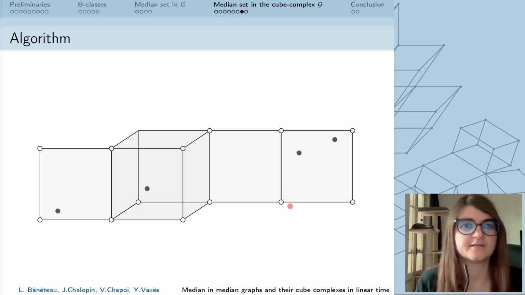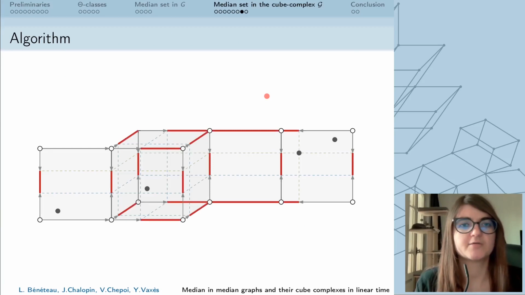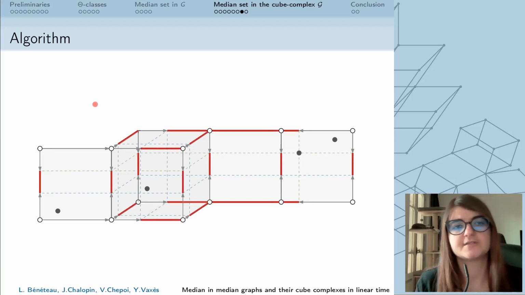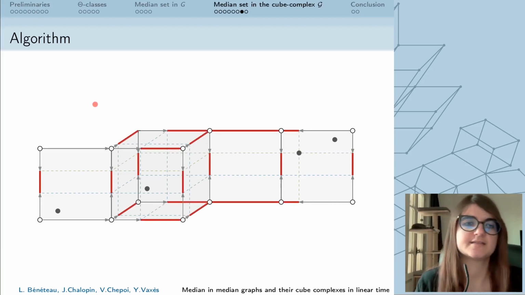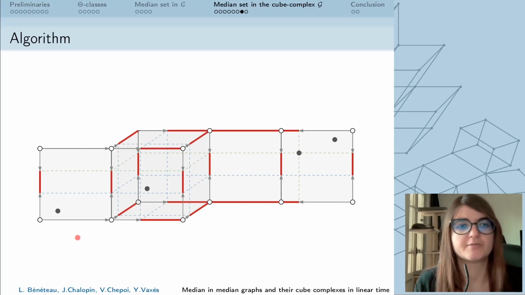So to see the algorithm, first of all, we compute the EI median. I didn't show all the red area because of visibility. To compute it, we use some of the same techniques as in the median graph, like the peripheral half space property and the partial orientation of the edges.